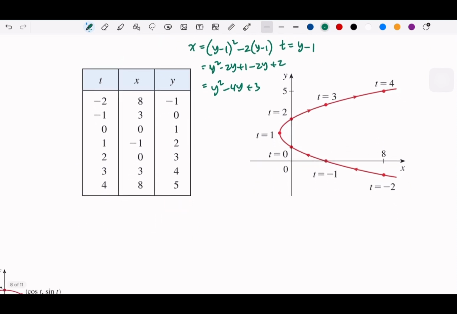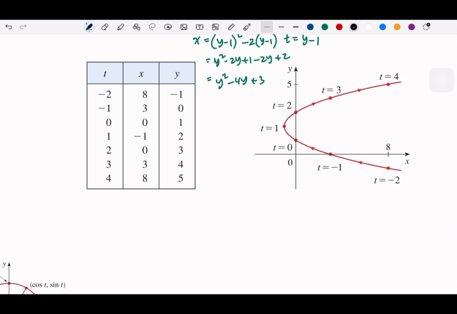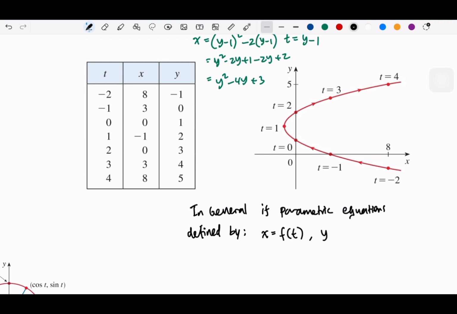So in general, if a parametric equation is defined by x equals f of t and y equals g of t, and then we set some numbers for t, let's say from a to b, then we call f(a), g(a) the coordinates of the initial point.